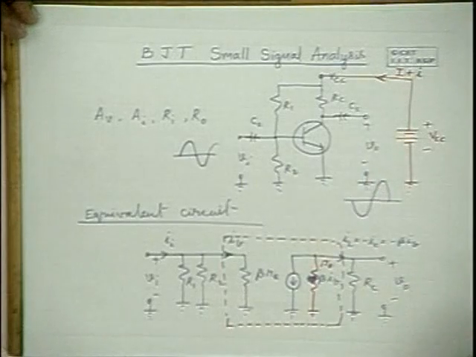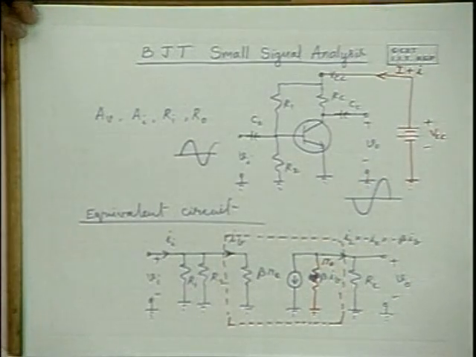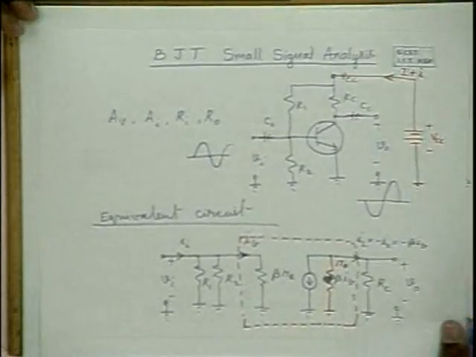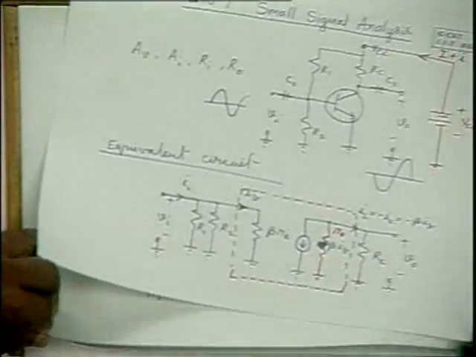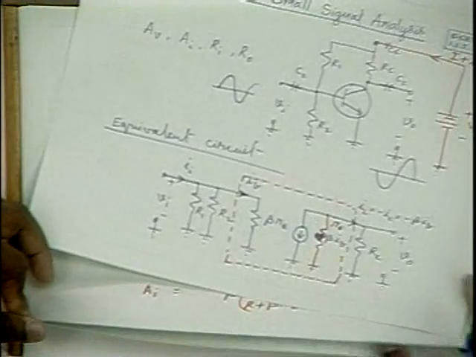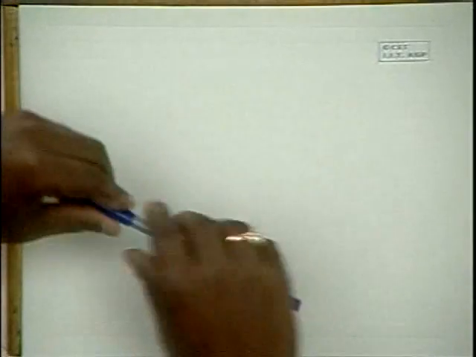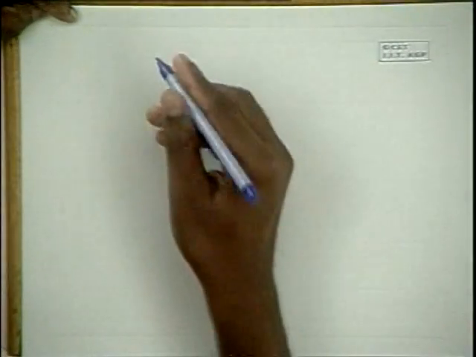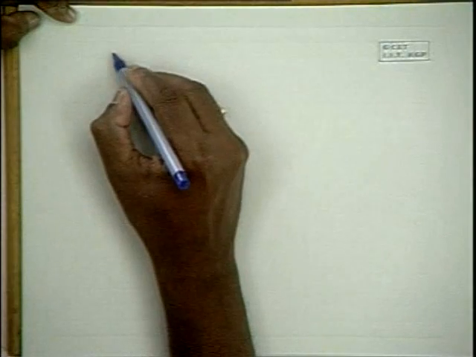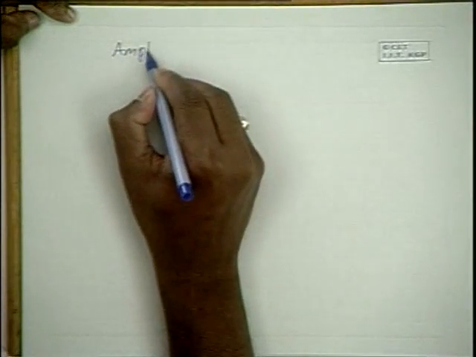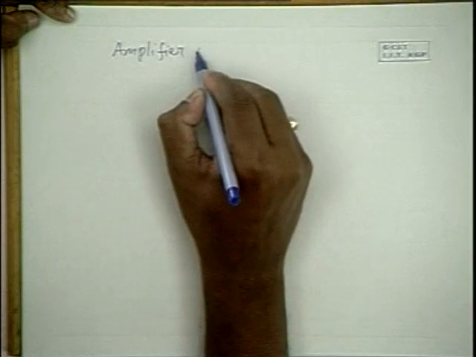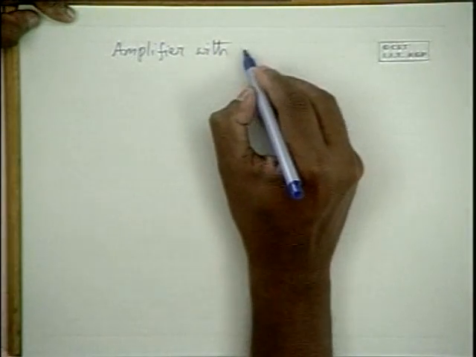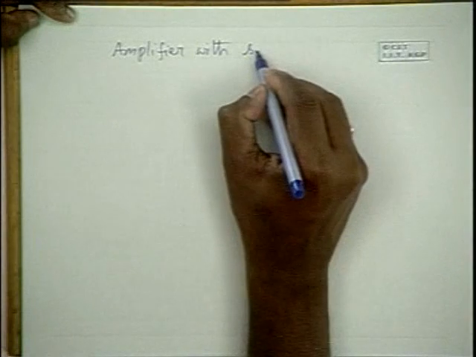That is of interest to us. Therefore, let us now analyze the amplifier with self bias circuit, the amplifier with emitter bias or self bias.